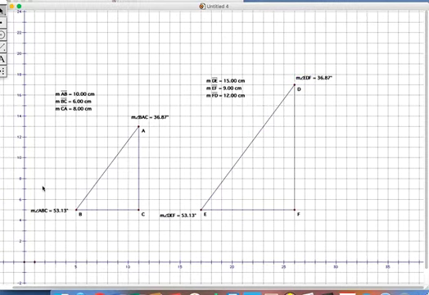So now what I've asked you to do in the instructions is to compare the ratios of these different sides. This long length, we know that this side is the hypotenuse, right? It's the longest side of the triangle. So again, in this case, the hypotenuse is this side right here.